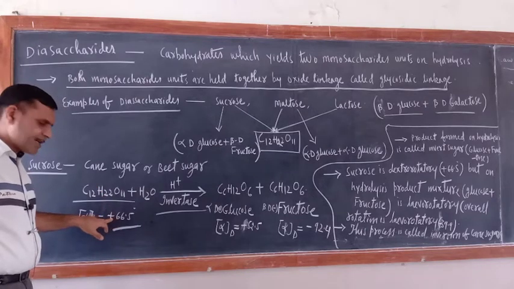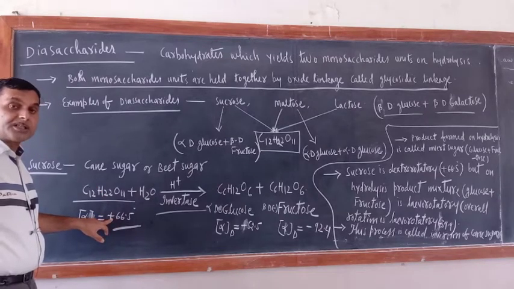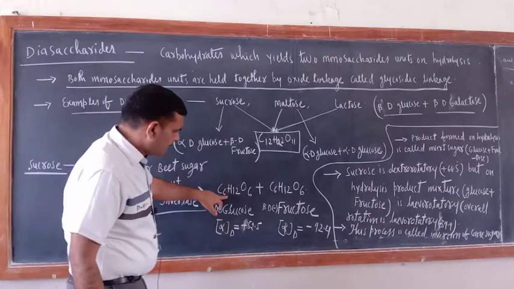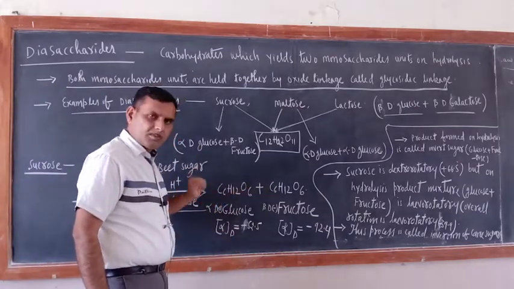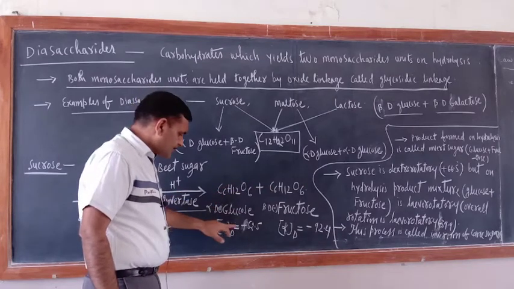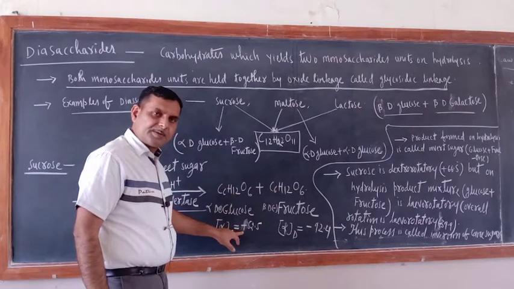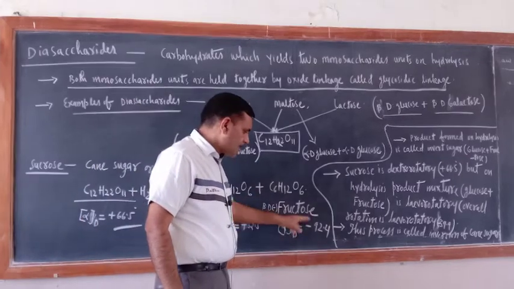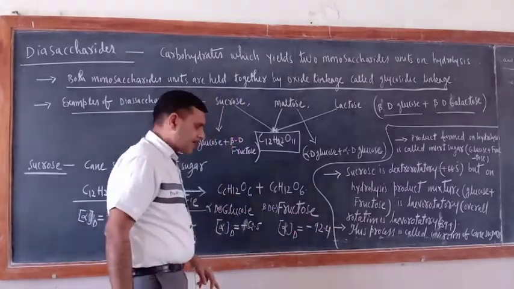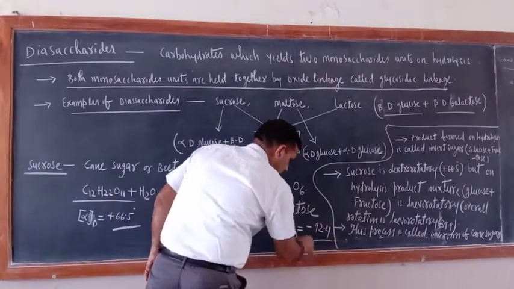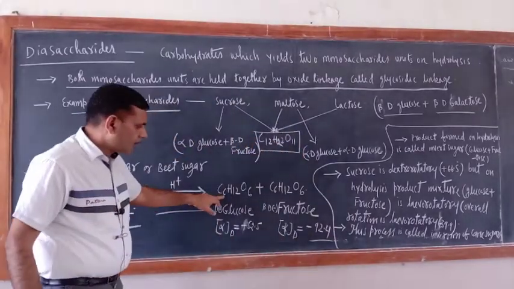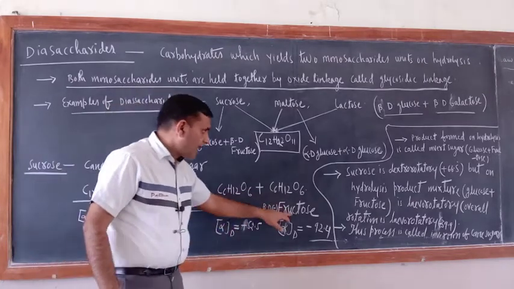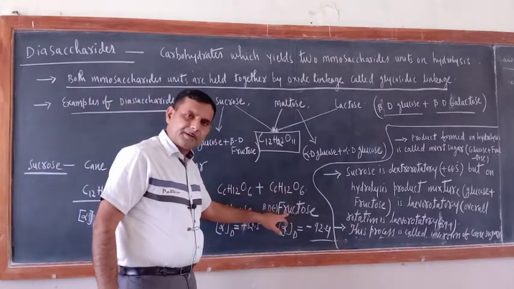The plus sign means sucrose is dextrorotatory. When subjected to hydrolysis, glucose and fructose are formed. Glucose specific rotation is plus 52.5, fructose specific rotation is minus 92.4. This means that out of glucose and fructose, glucose is dextrorotatory and fructose is laevorotatory.